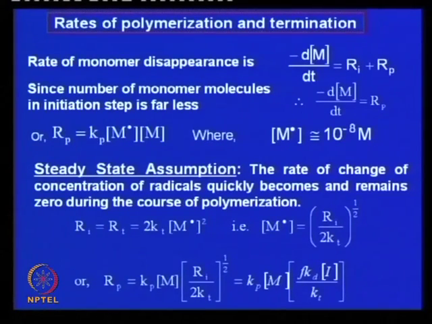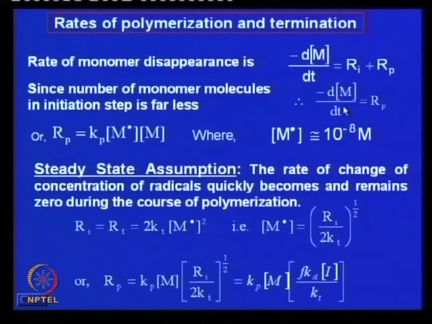Now, as shown, this rate is the sum of two different rates, rate of initiation, because in the initiation step monomer also disappears, and in the propagation step monomer also disappears. But the consumption of monomer in the initiation step is far and far less than the consumption of monomer in the propagation steps.